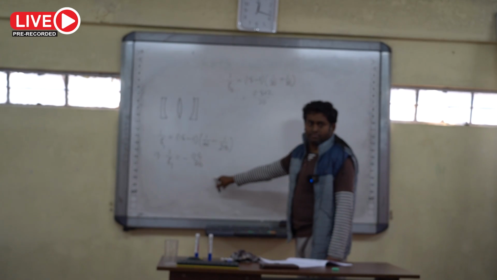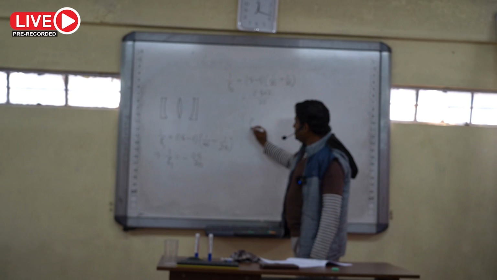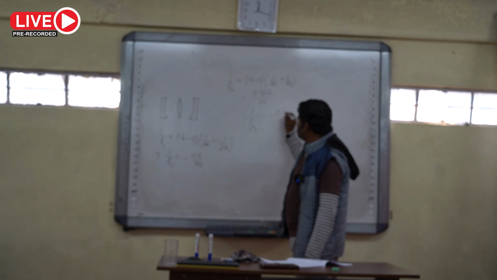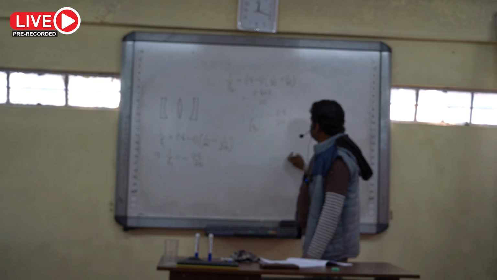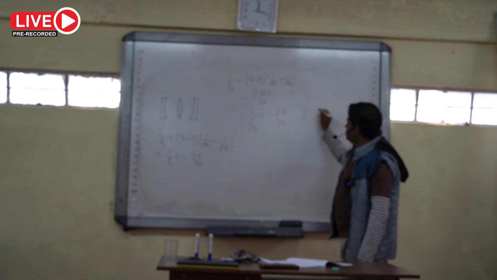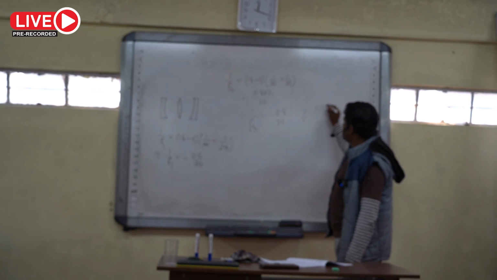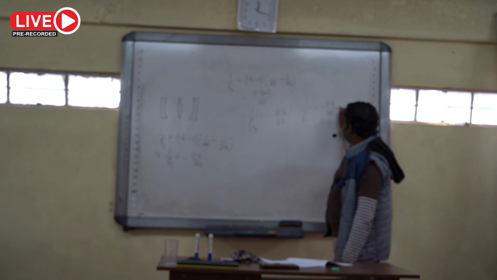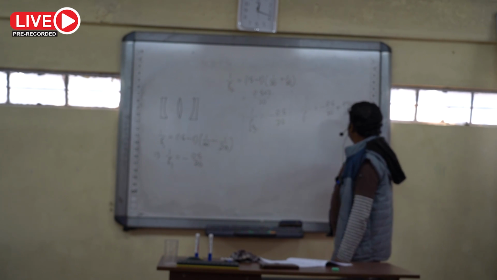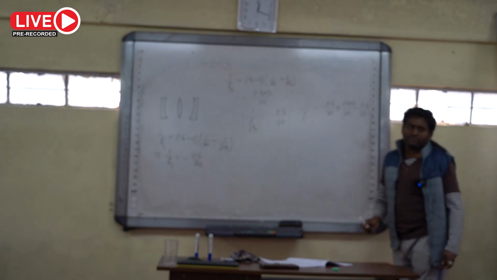For the third one, same. 1 by f3 is equal to minus 0.6 by 20 again. So total focal length, 1 by f equals the addition of these three, that is minus 0.6 by 20 plus 0.5 into 2 by 20 plus minus 0.6 by 20, and calculate it.